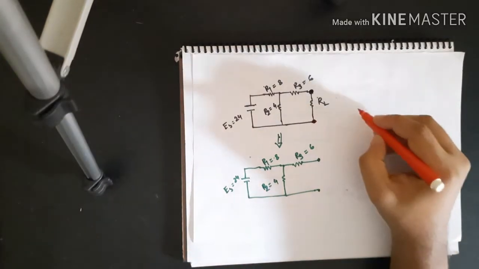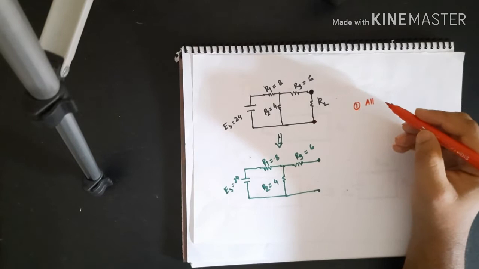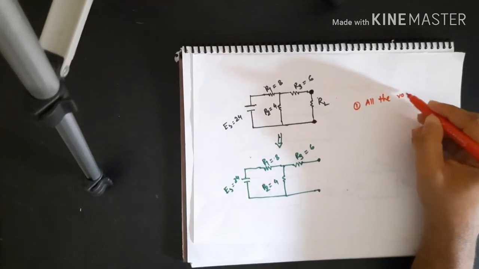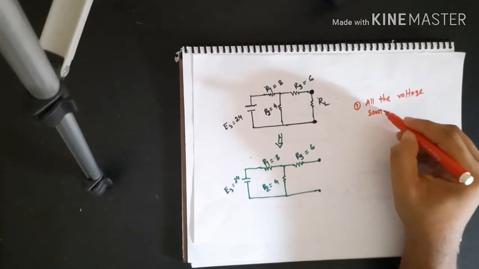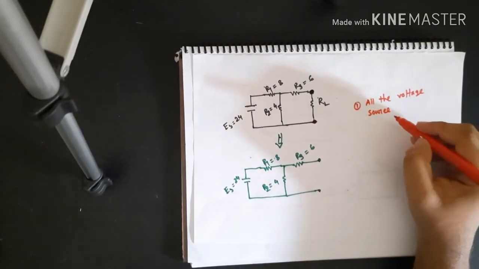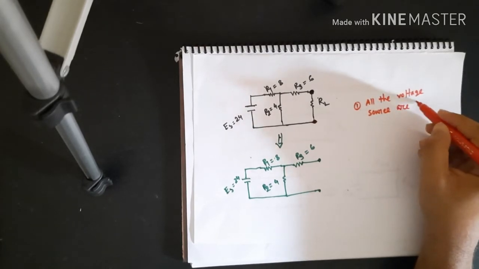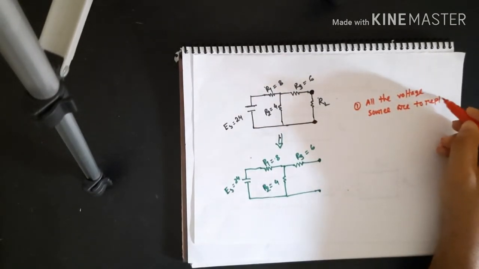Now we will calculate the equivalent resistance, which is R Thevenin. To calculate the R Thevenin, we have to do two things. At first, all the voltage sources are to be replaced by short circuit.